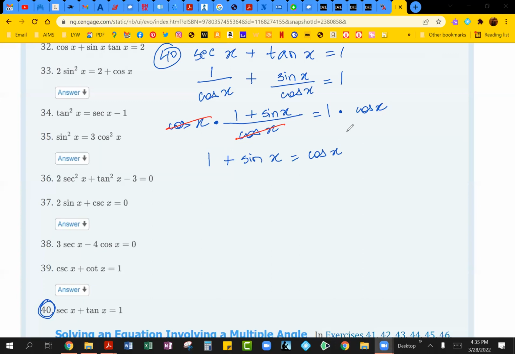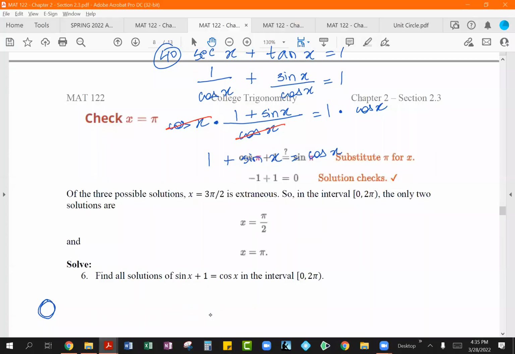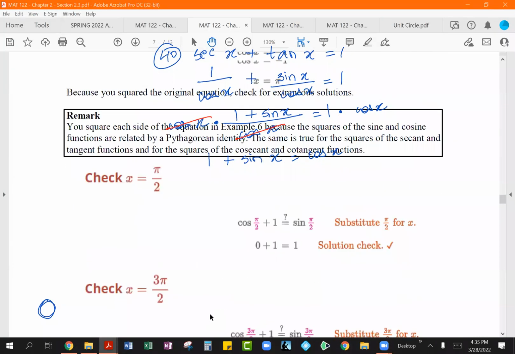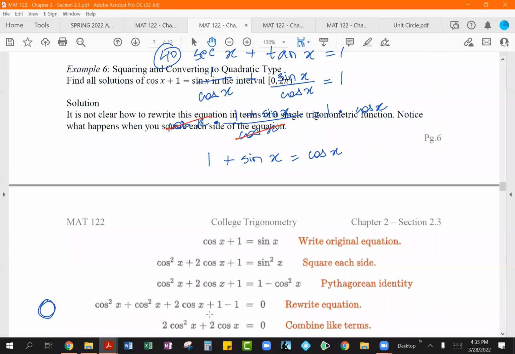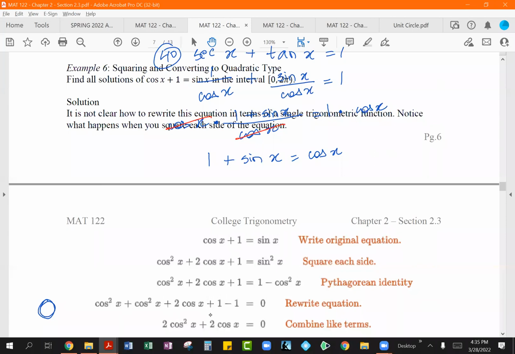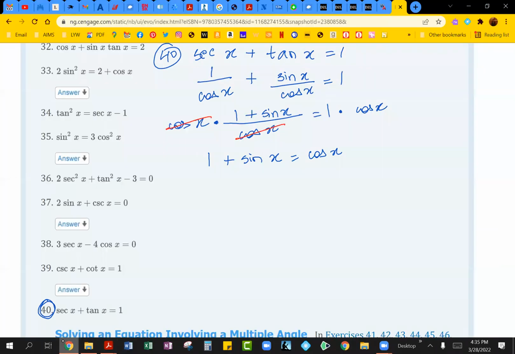So we've pretty much brought it to the same place as where this example started. So you had cosine of x plus 1 on one side, sine of x on the other, and we've done that, but just in the opposite order. Now, this is where we will square both sides of our equation.